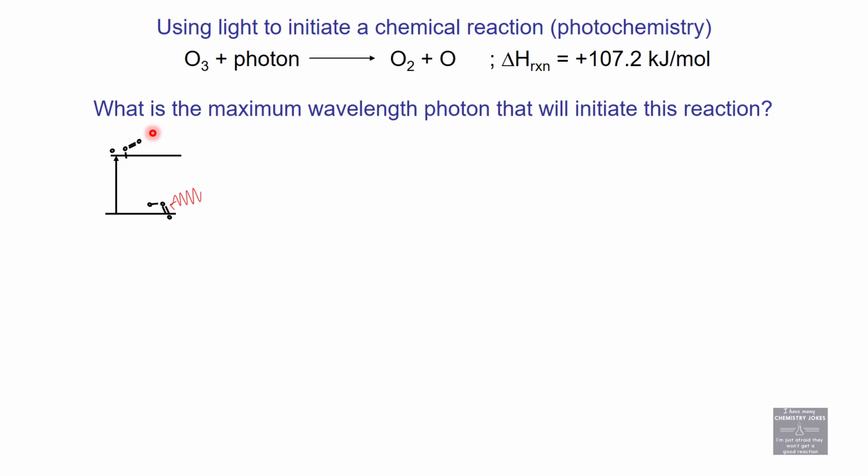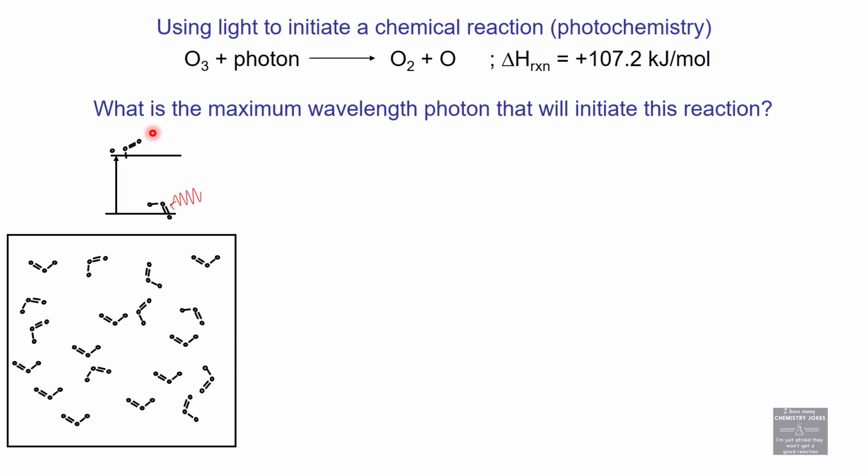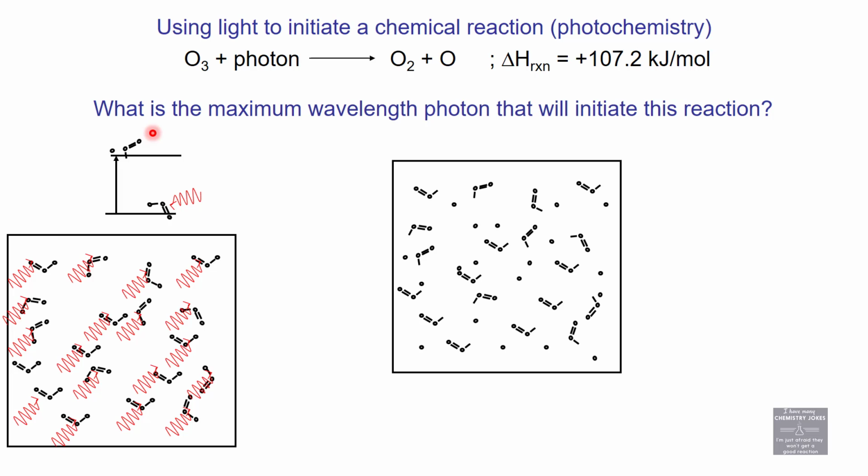If I shine a light on a single reactant, that will get me to two single products. But what if I have a whole beaker of these things? I need to shine a ton of photons on there to end up with a ton of products, a ton of broken down ozone. It takes 107.2 kilojoules per mole to break down a mole of ozone.